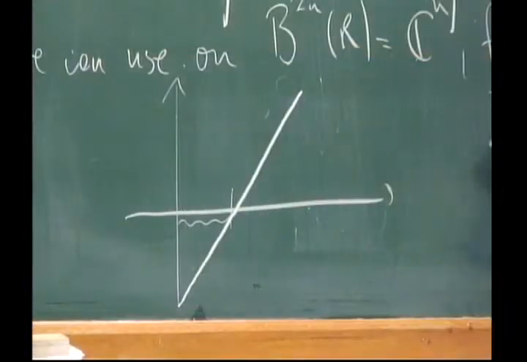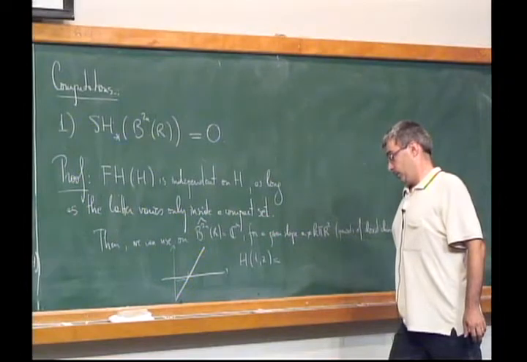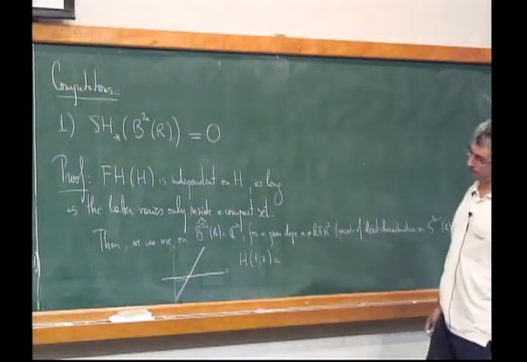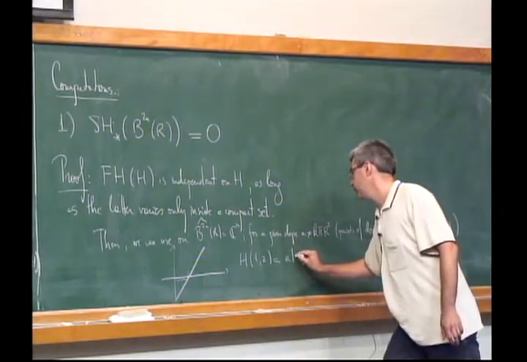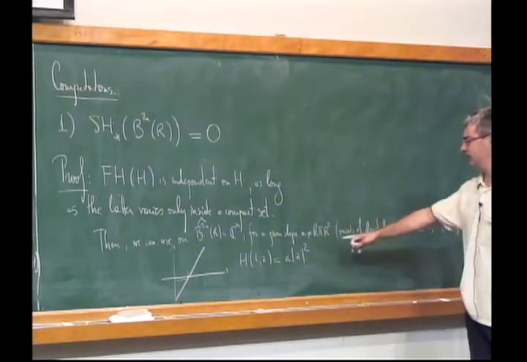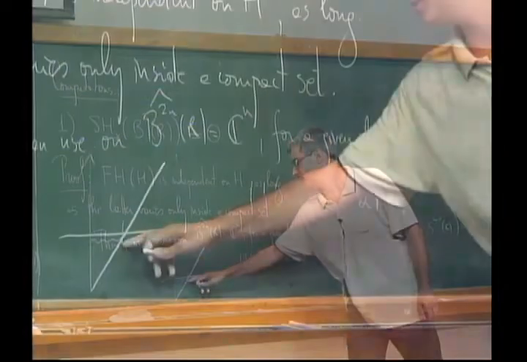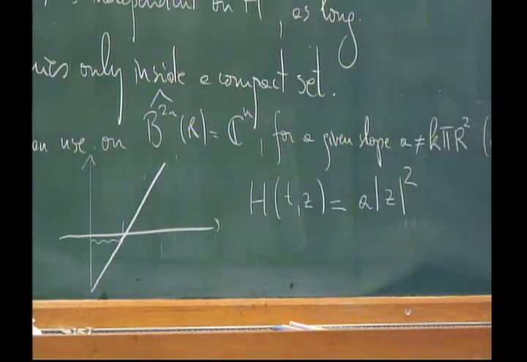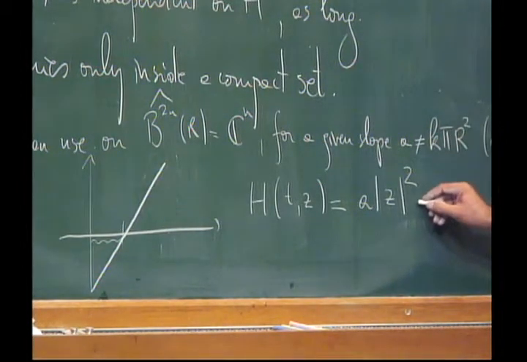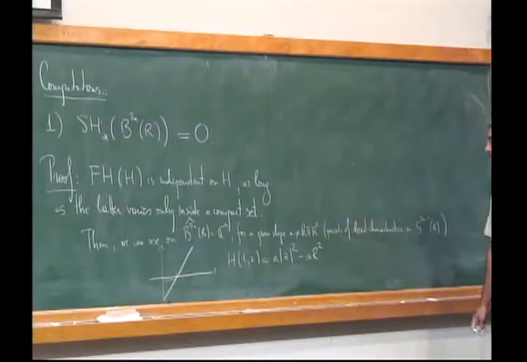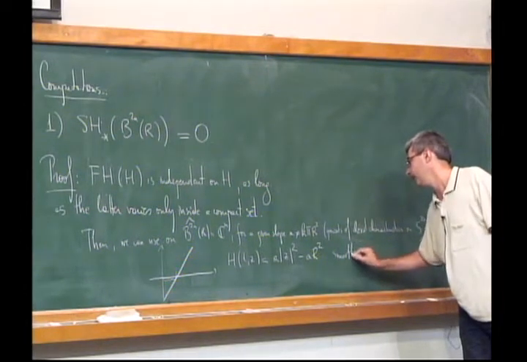This Hamiltonian here is H(t, z) equals A norm z squared, and then I want it to be 0 at this value, so for norm z equals R, I want it to be 0: A norm z squared minus A R squared. And this is a smooth Hamiltonian.